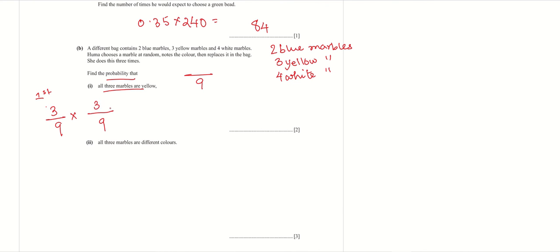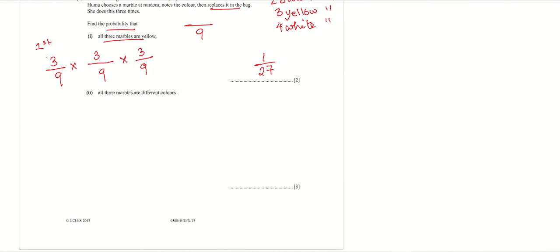So it will be again 3 out of 9, and again 3 out of 9, because she is going to repeat this 3 times. That is 3 out of 9 multiplied by 3 out of 9 multiplied by 3 out of 9, and that is 1 out of 27.